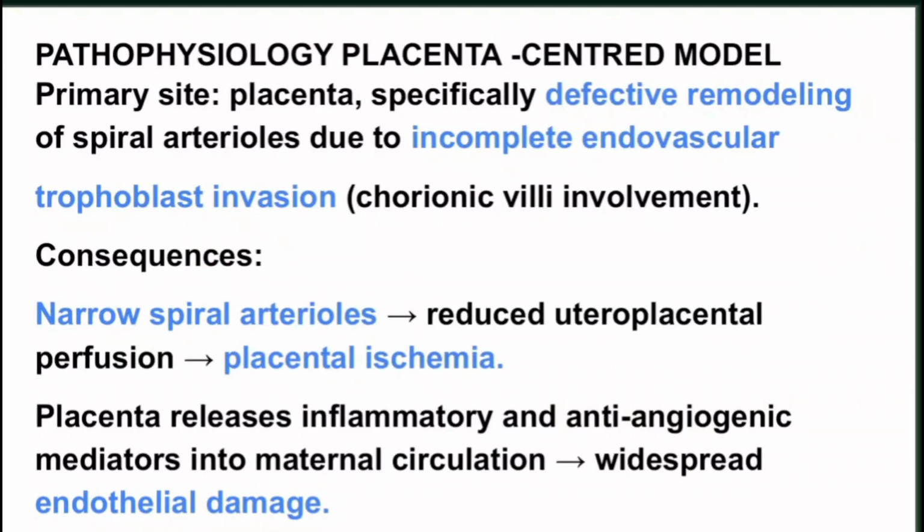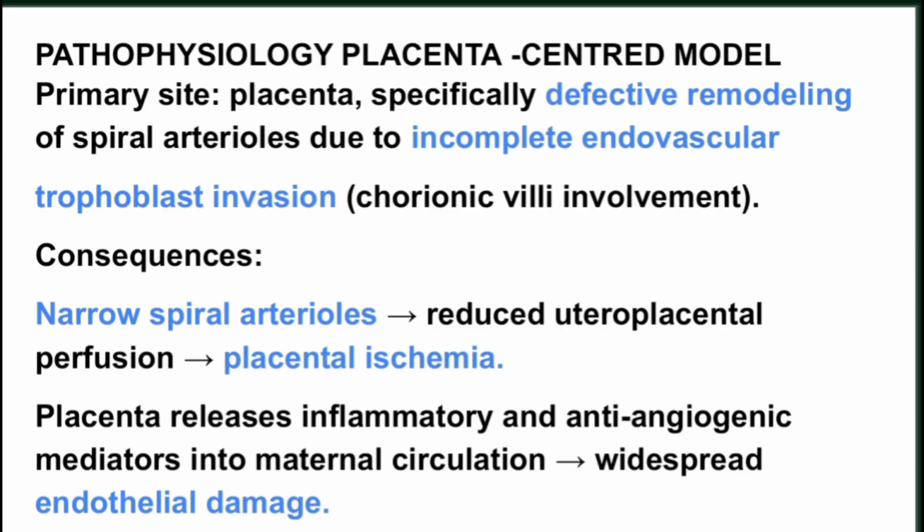The pathophysiology of preeclampsia happens due to incomplete endovascular trophoblastic invasion. This happens because in the second wave, there's poor implantation into the myometrial region due to pseudovasculogenesis not happening, as we have explained earlier. That's how there's incomplete trophoblastic invasion.